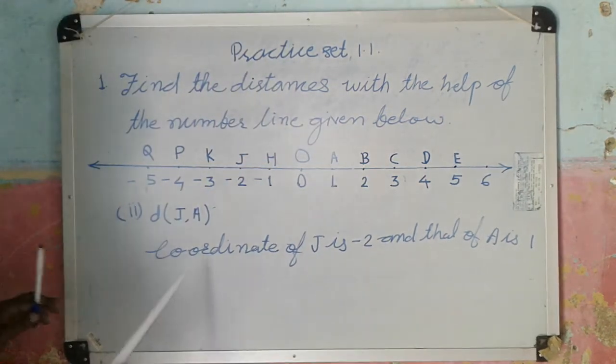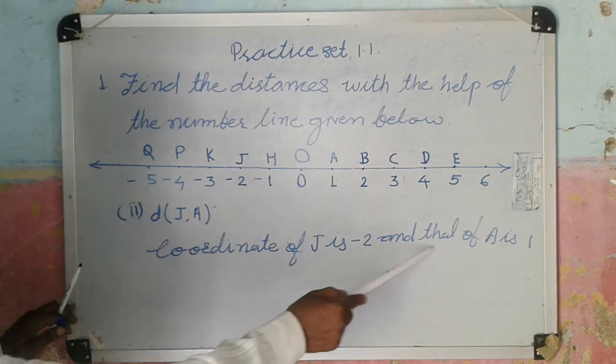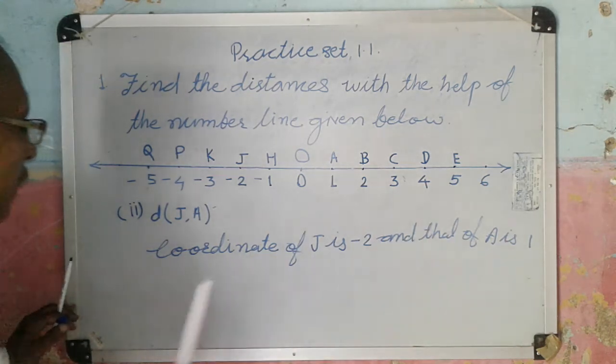So coordinate of point J is minus 2 and that of point A is 1.